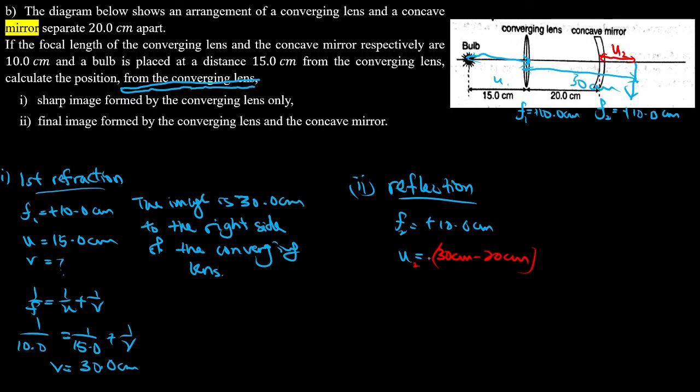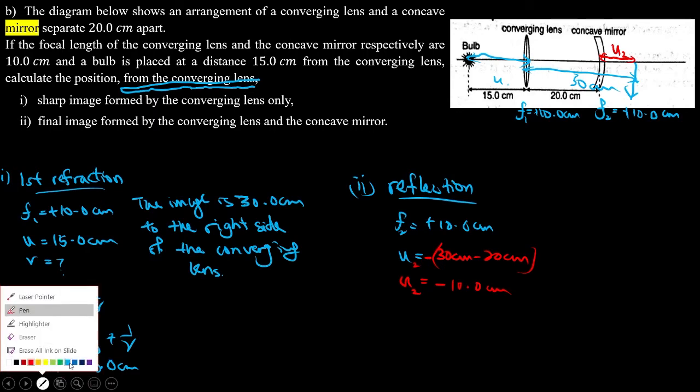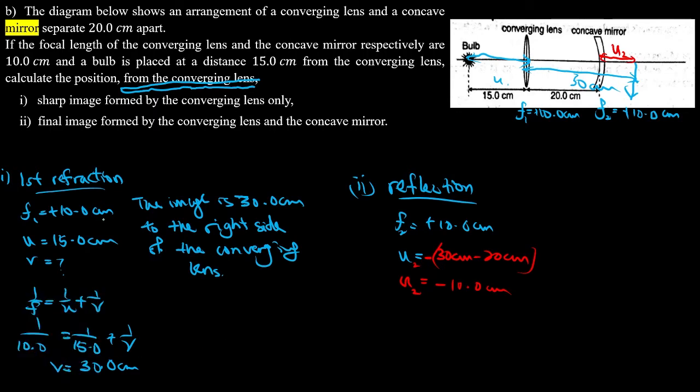A virtual object is a negative value, so you have u equal to negative 10.0 cm. Although it's a real image for the first refraction, it's a virtual object for the second reflection.